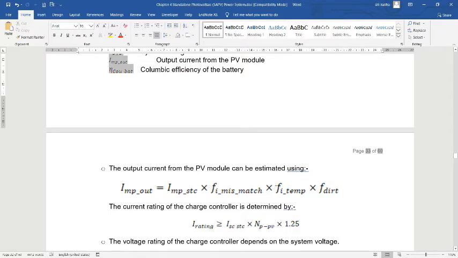KMM current, K temp, or F temp, is the temperature factor for the current IMP. And then K dirt, which we usually represent as 3% losses, which is 0.97.